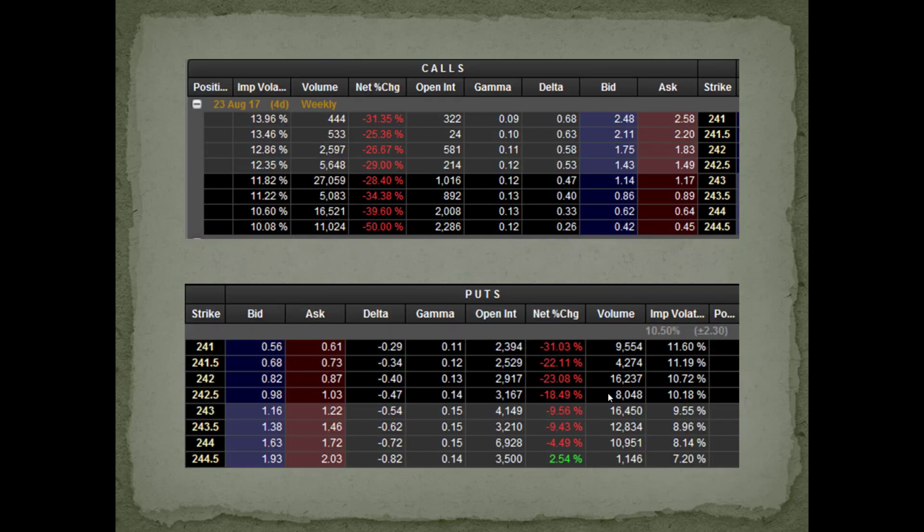Back here, this is not a very good example of gamma helping you, but for theoretical purposes, let's say this gamma was 0.18, and this was 0.12, which it is right now. On a short-term move, 0.12 is only going to give you a penny increase on your delta, which is not going to give you any real extra profit on a 10-cent underlying move.